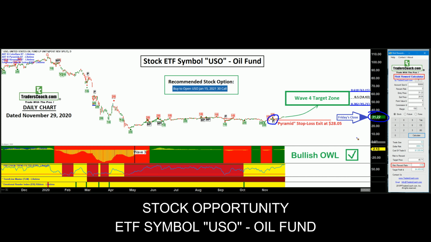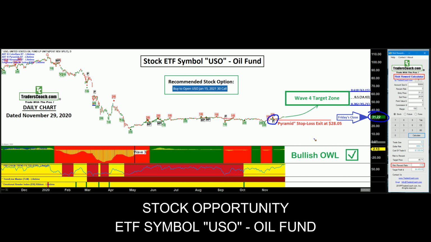If it has gotten away from you and it's above 10% of 31.22, then unfortunately at that point you can't take the trade, because it'll be too close to the wave 4 target zone, and the risk to reward could be lower than what you need. So you don't want to take it then.